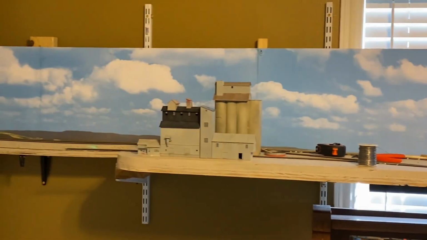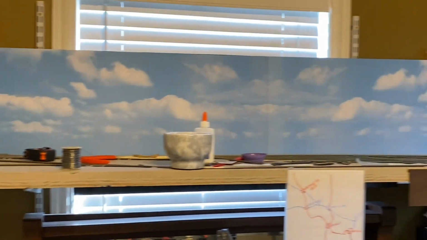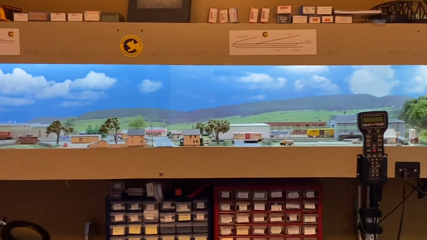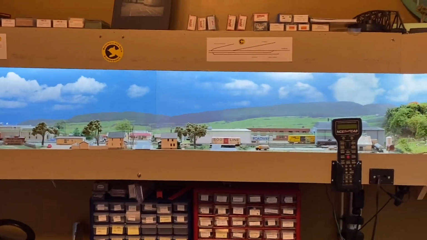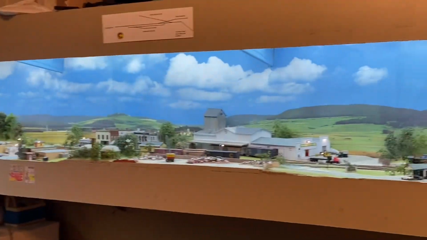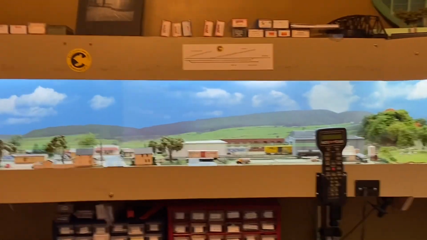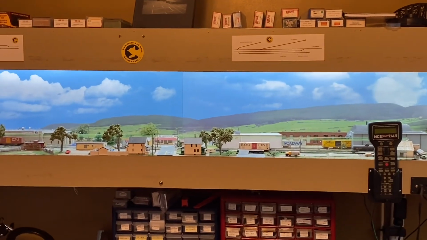I negotiated space to build the Chillicothe yard over here, or an expansion. At the time, it wasn't necessarily going to be the Chillicothe yard. Geographically, this is all wrong. If I was going to do it geographically correct, Chillicothe yard would be here. You would run east out of the Chillicothe yard through the Douglas Avenue Chillicothe switching area.